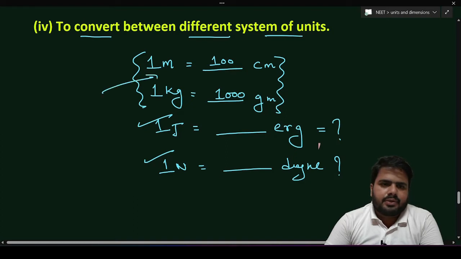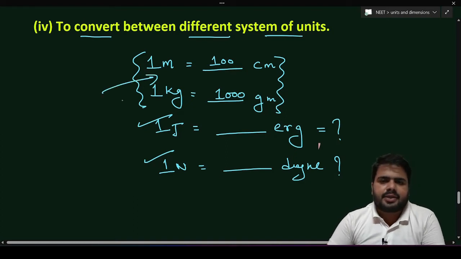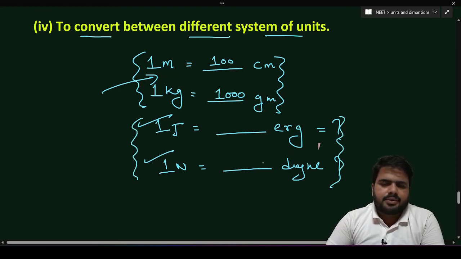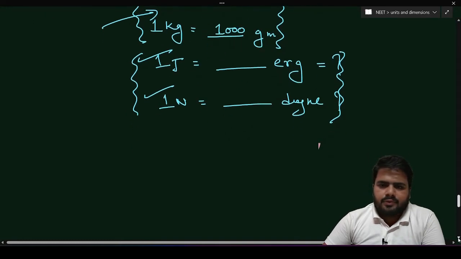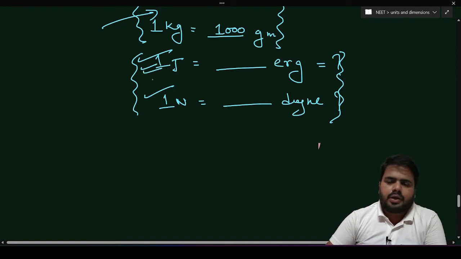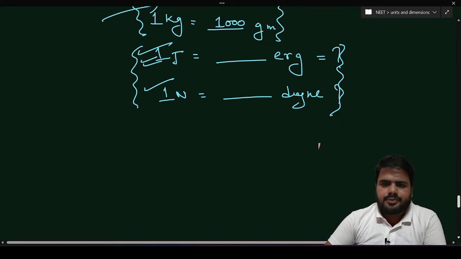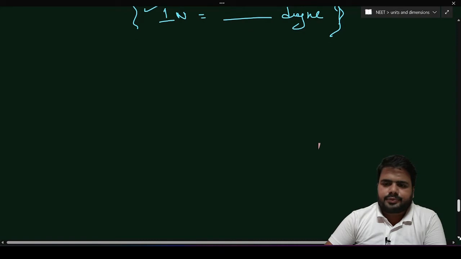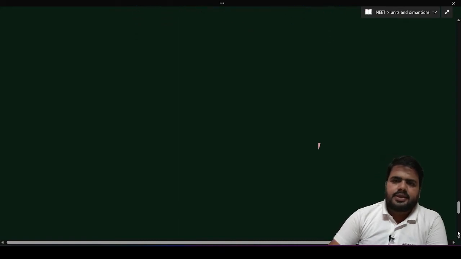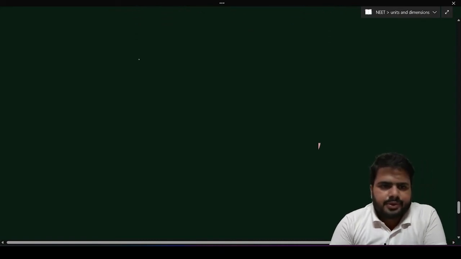We know the conversions, so we can directly write them down. But for derived quantities we need to convert SI quantities into CGS terms or CGS into SI terms. Okay, so let us solve the first example, that is 1 joule equals how many erg. Before solving that, let us take a simple example.